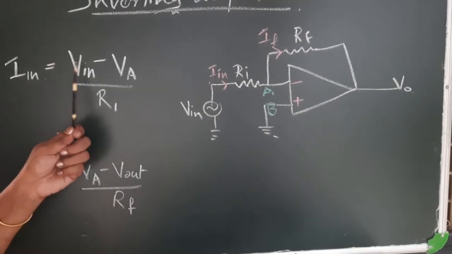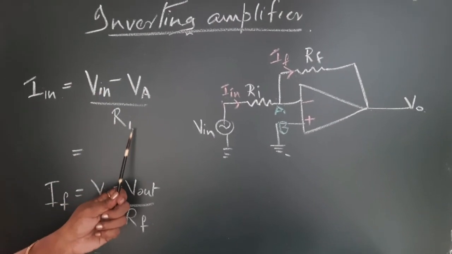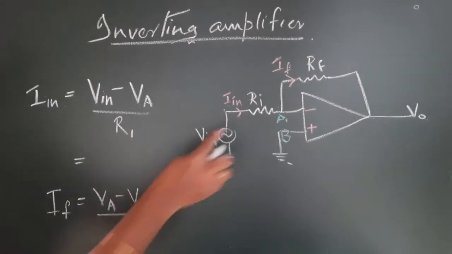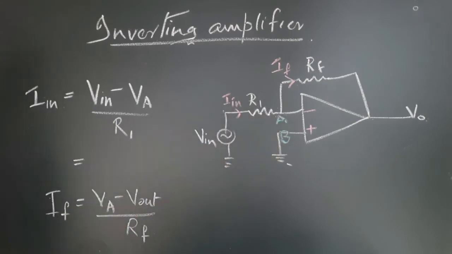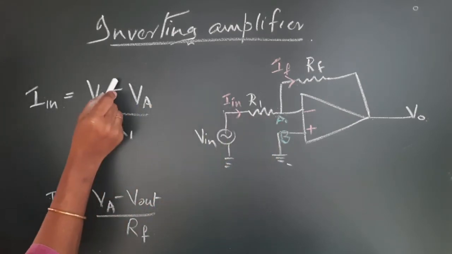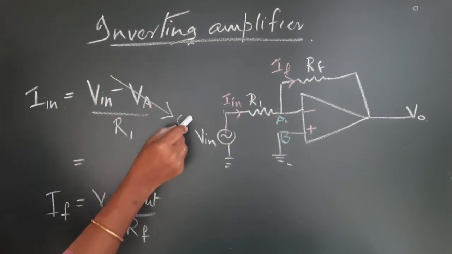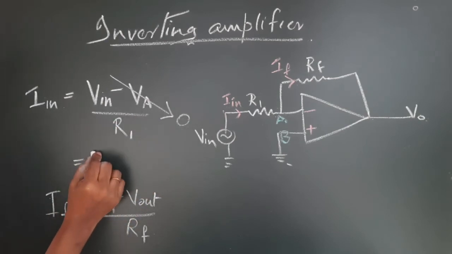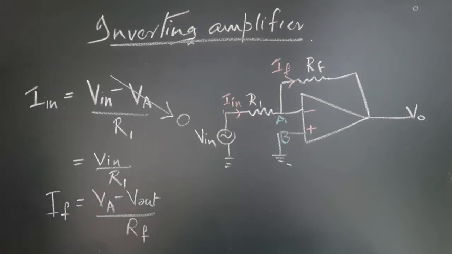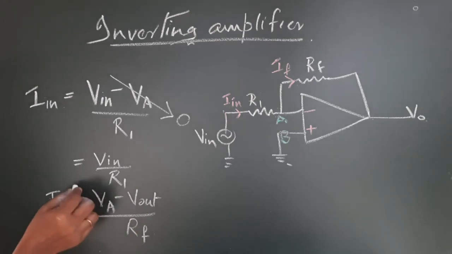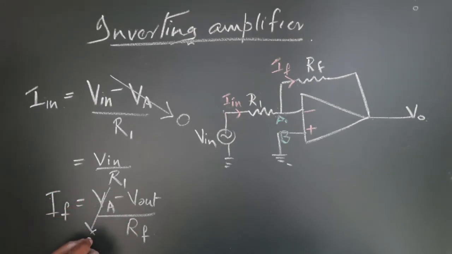So, I in equals V in minus VA by Ri or R1, whatever you would like to call it. But you know that A is virtual ground, so the potential VA is 0. So, this equation reduces to V in by R1. Now, coming to the IF equation, VA minus V out by RF, but VA is 0.